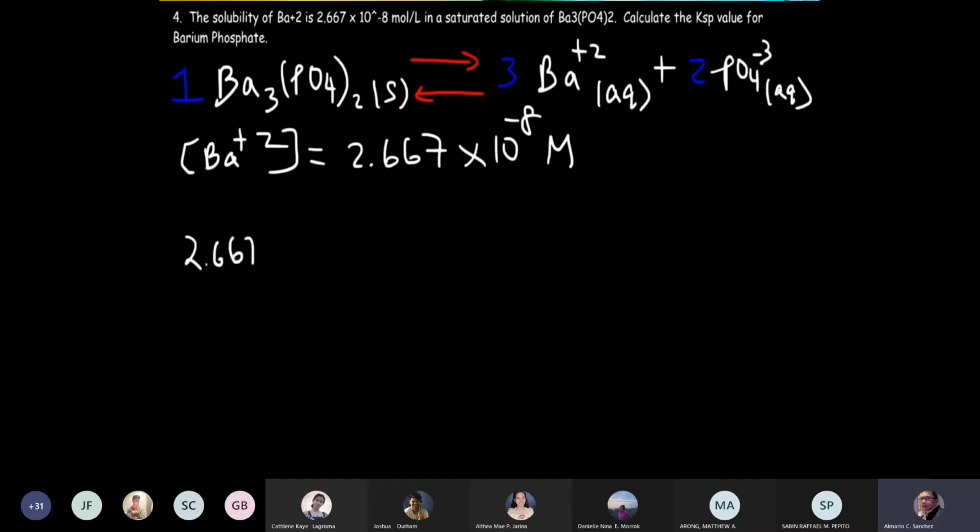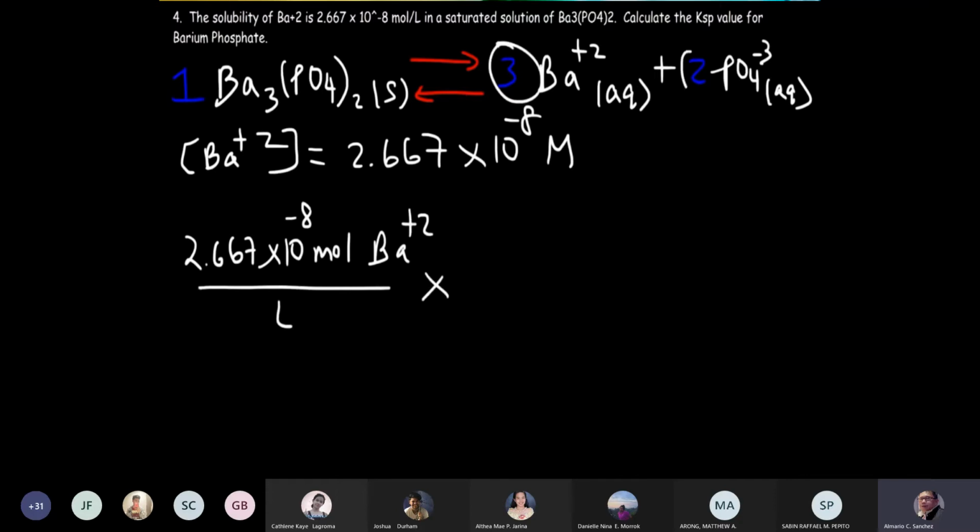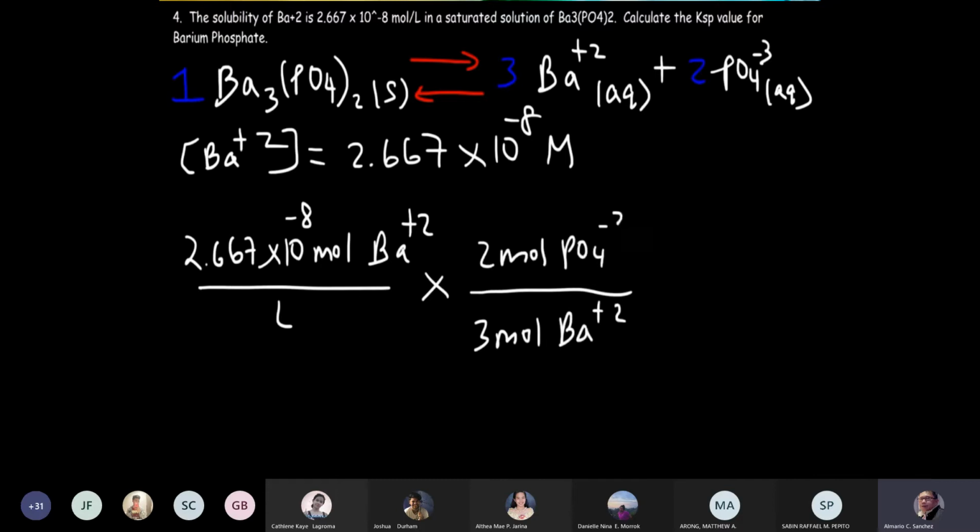So let's start with 2.667 times 10 to the minus 8 moles of Ba plus 2 per liter. And the molar ratio is 3 to 2. So for every 3 moles of barium that dissolves, 2 moles of phosphate will dissolve along with it. So we could cancel these two units. So it's going to be 2.667 times 10 to the minus 8 multiplied by 2 divided by 3.